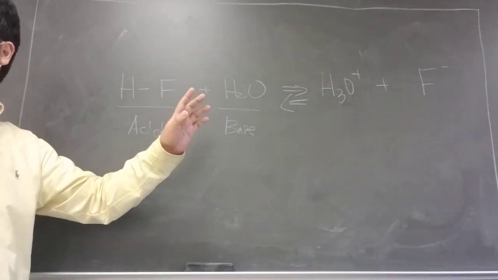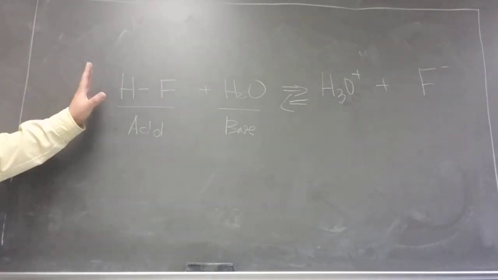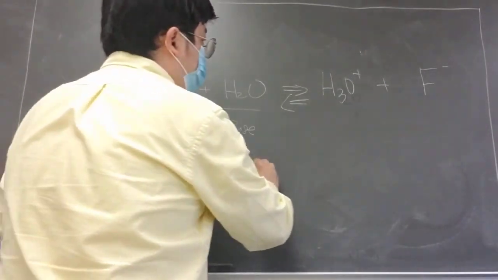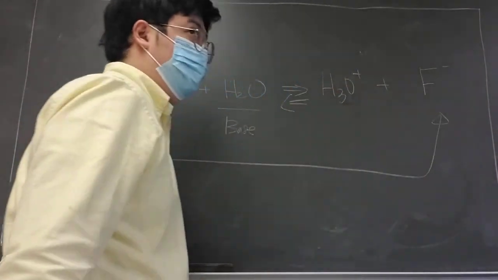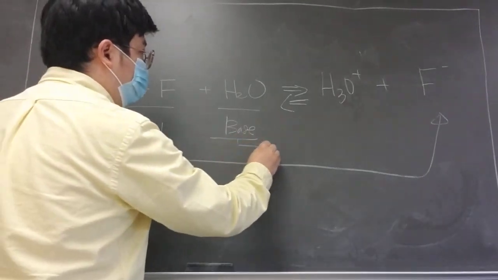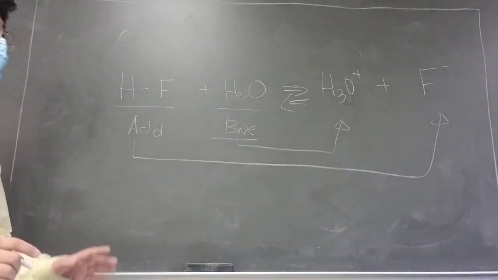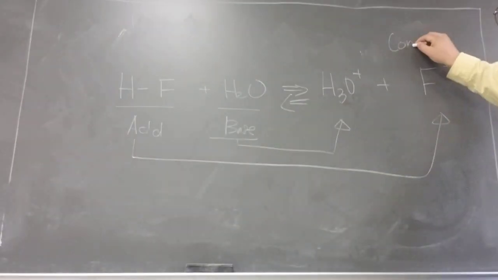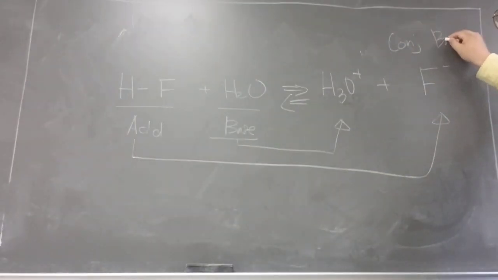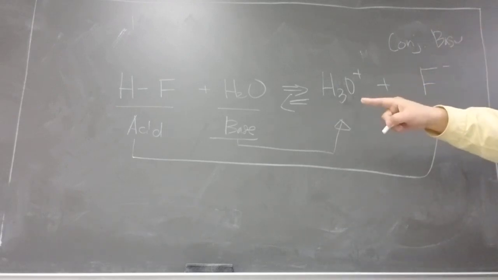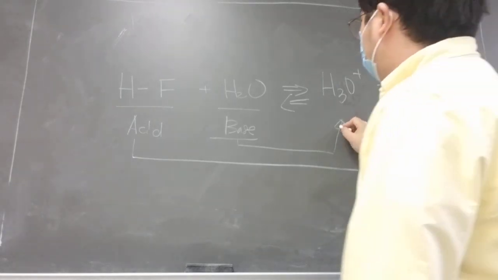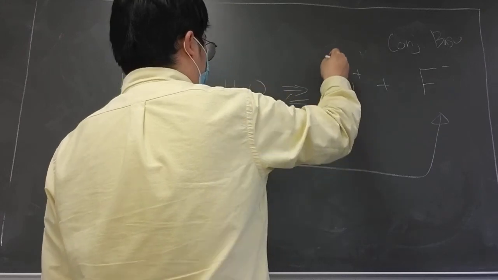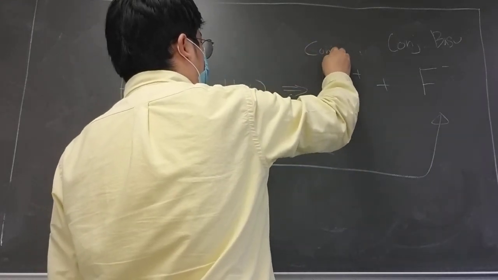So do you have a question? Oh, okay. If this is the acid, it might become the fluorine anion over here. If you have water here, it becomes the hydrogen cation over here. If it's acid here, this is going to be the conjugate base. And if you have a base over here, you're going to find the conjugate acid.